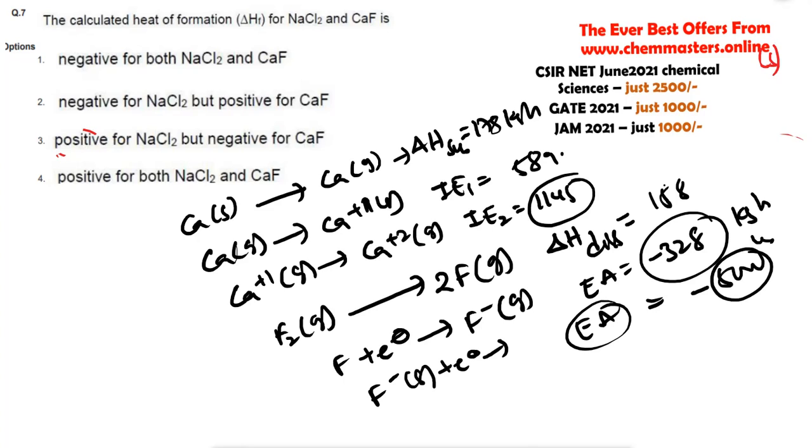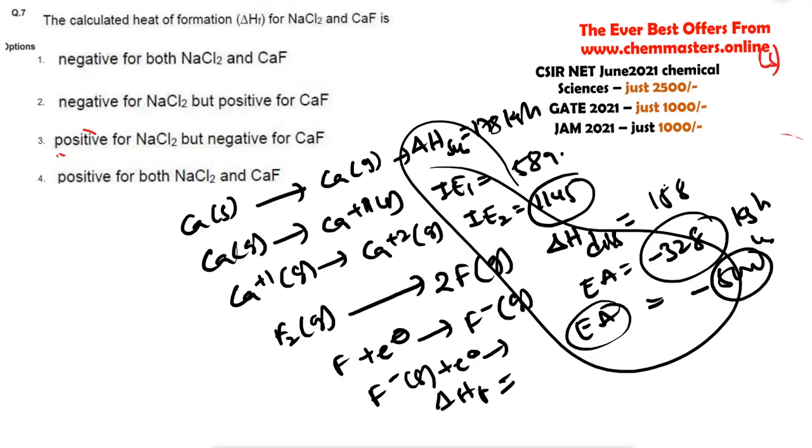Okay, so after taking this we need to find the total enthalpy of formation. Just take the sum of all of them, and the lattice enthalpy, which is almost minus 1000 or 1200, for the formation of the normal CaF2.